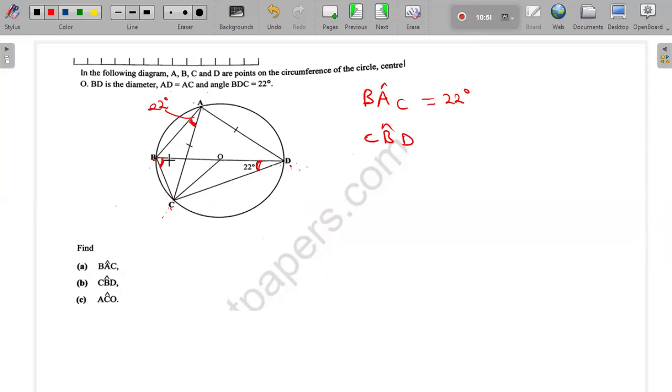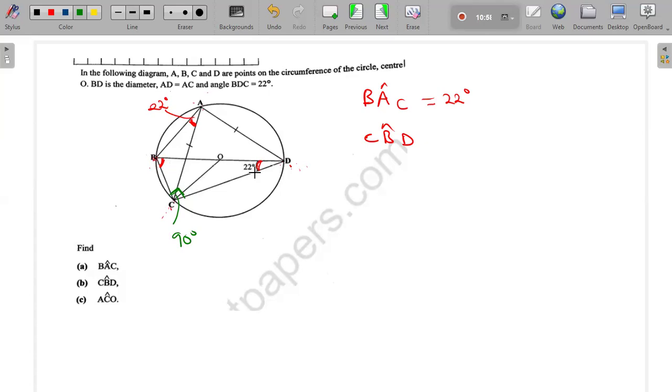Remember the rule which we said, that if we have a semicircle, since they said O is the center, and they told you that BD is the diameter, you know that this is cutting the circle into half, making a semicircle. So the angle within the semicircle, meaning this angle here, is 90 degrees according to that rule.